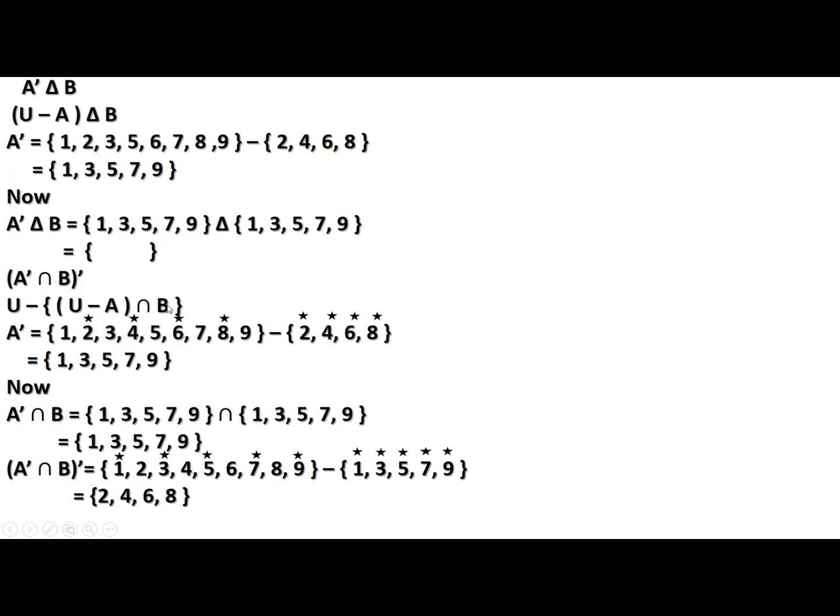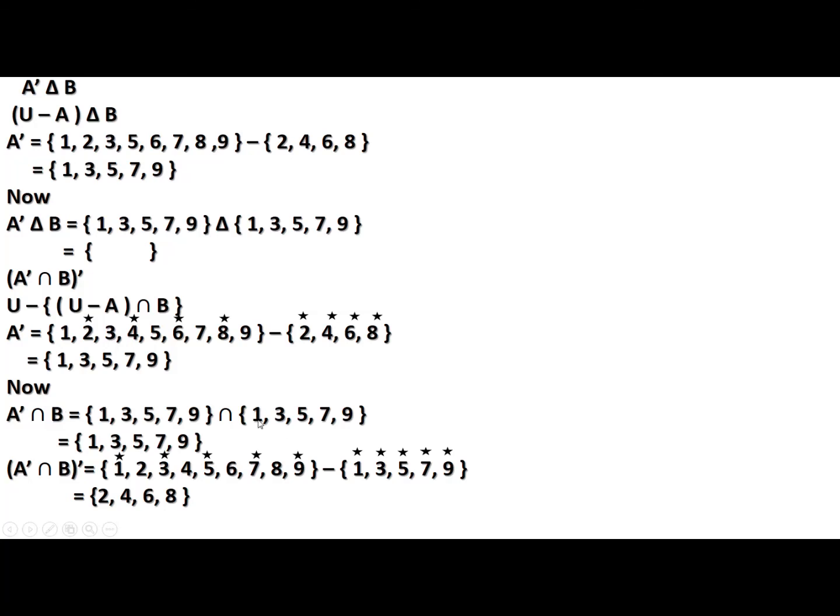Now outside of the bracket there is intersection B. So first we solve A complement intersection B. A complement answer we've already got. What answer did we get? 1, 3, 5, 7, 9. Then see there is the intersection sign, so put the intersection sign over there. After the intersection sign, B is written over there. We'll write the elements of B. What are the elements of B?